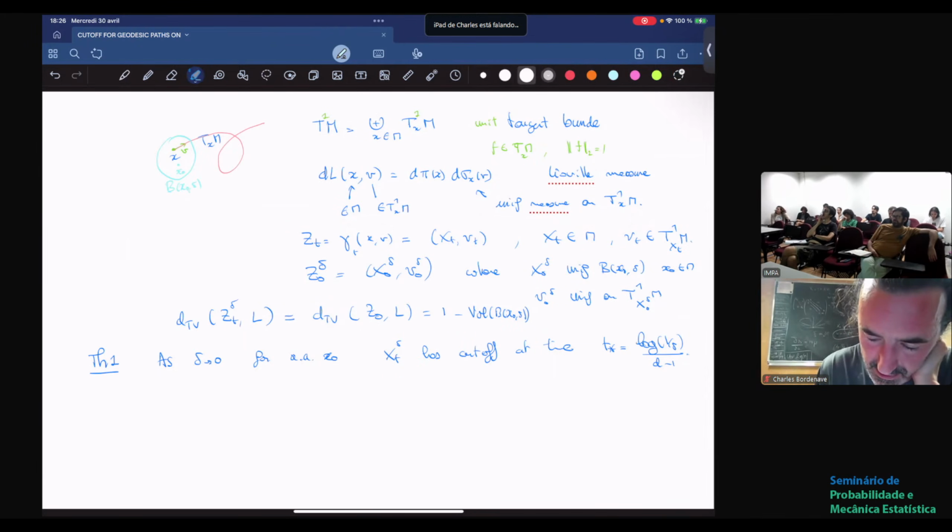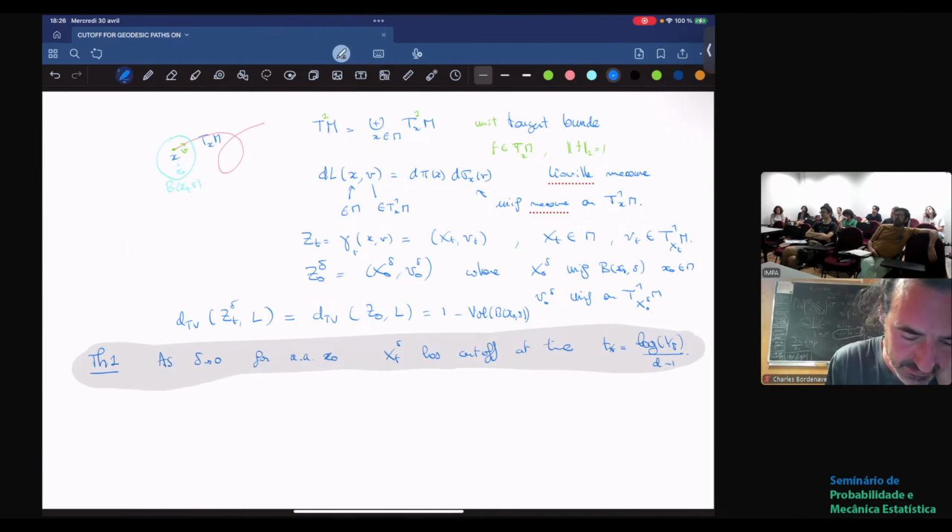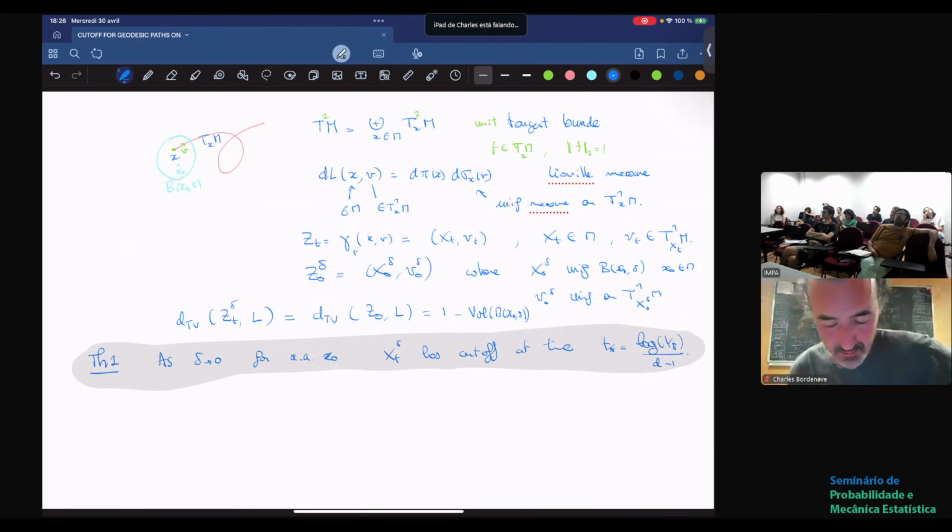So this is exactly a theorem in the spirit of my trivial example. The state space is fixed, a fixed hyperbolic manifold, but I am taking an initial condition which is very, very peaked.